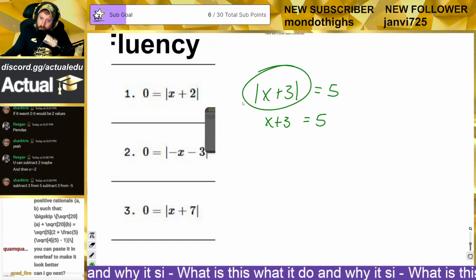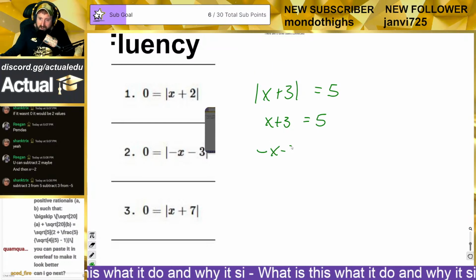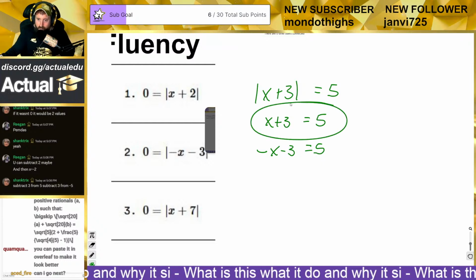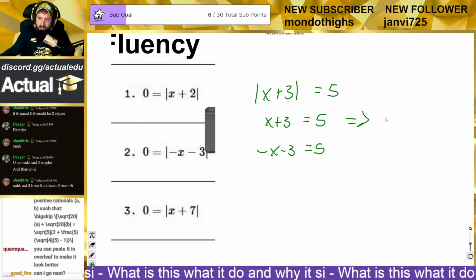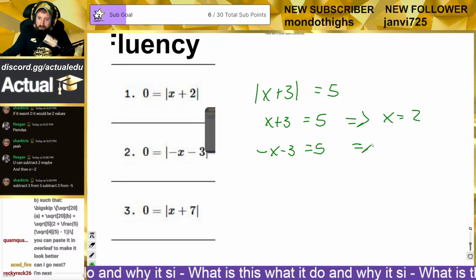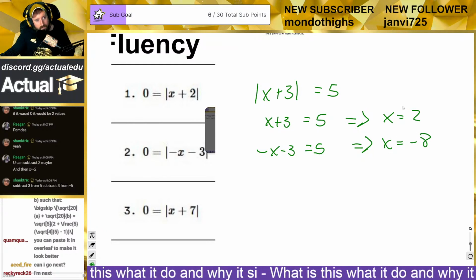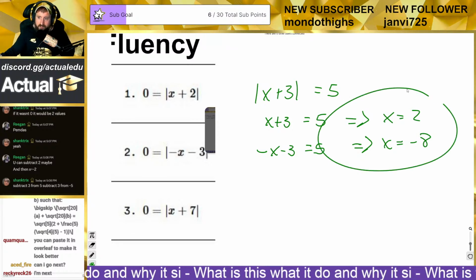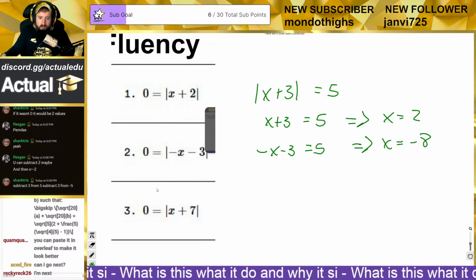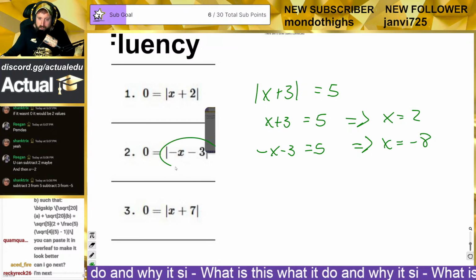I like to make the whole thing inside negative, so I would say negative x minus 3 is equal to 5. Then you solve both. In this case, x is equal to 2, and in this case, x is equal to negative 8. It's pretty easy. Because these are all equal to 0, you don't need to do this trick. You can just put in whatever sets it equal to 0.